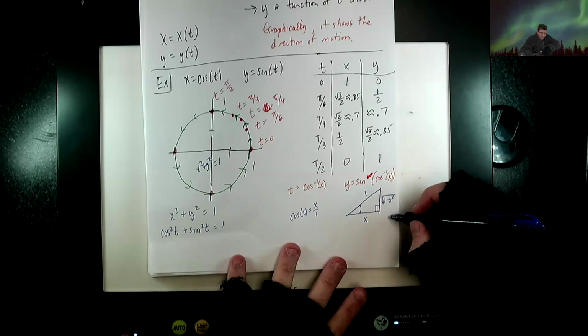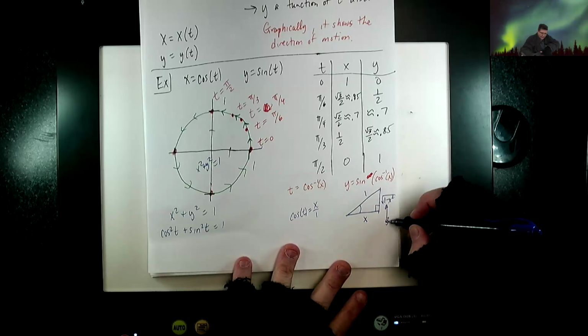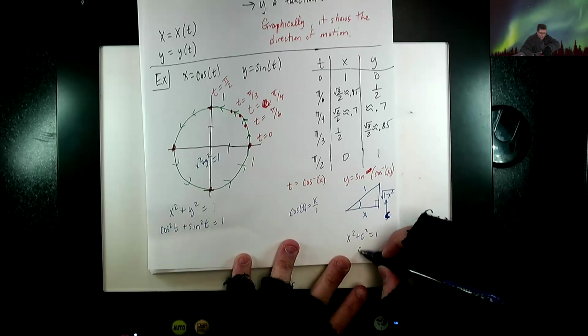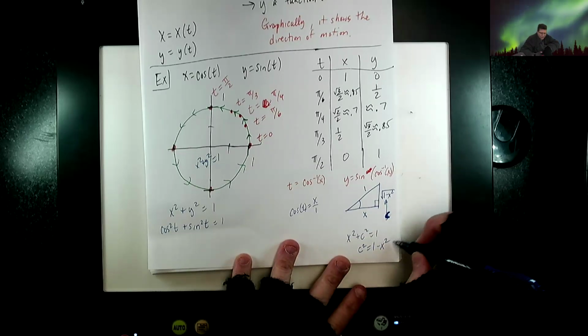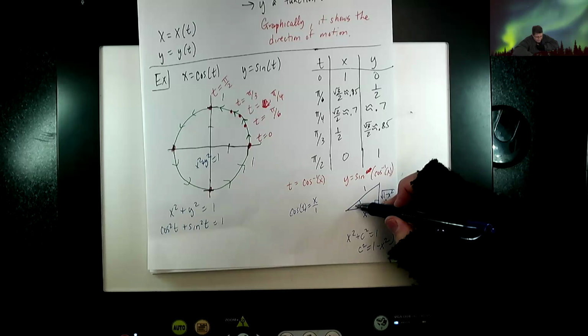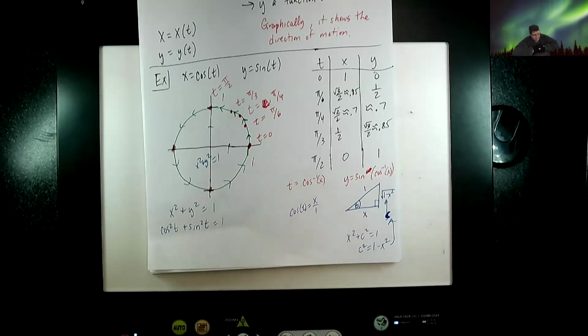If I call that c, x squared plus c squared equals 1, so c squared equals 1 minus x squared, and we get c is that. That is using this as t. So t was just like our theta.